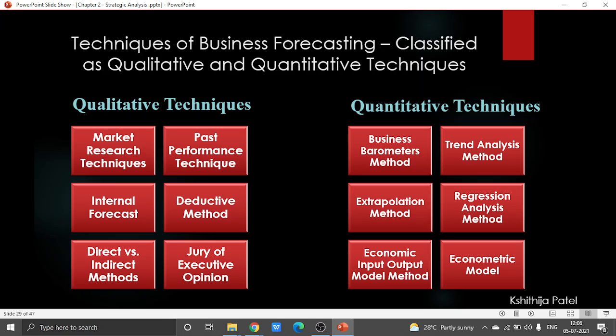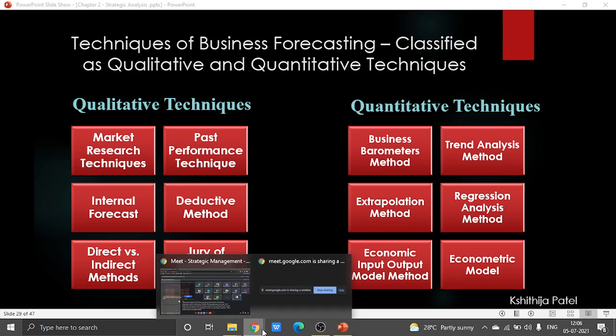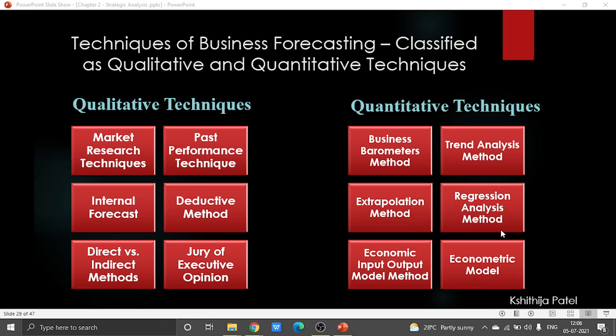That is called the jury of executive opinion. So these are quite a few techniques of the qualitative method of business forecasting.